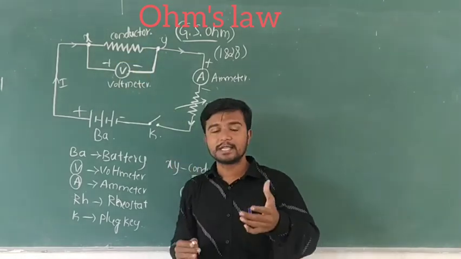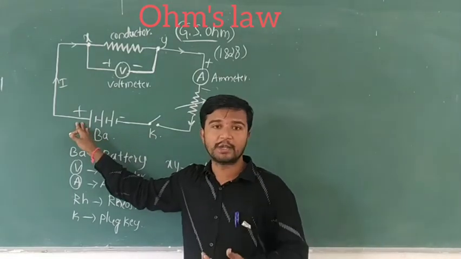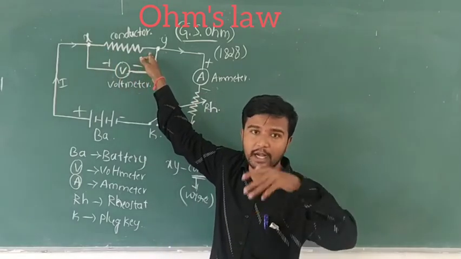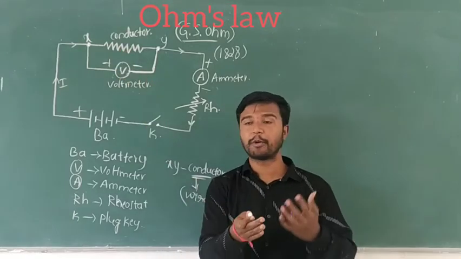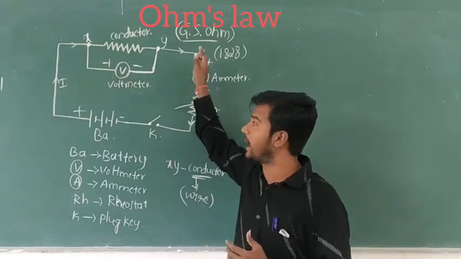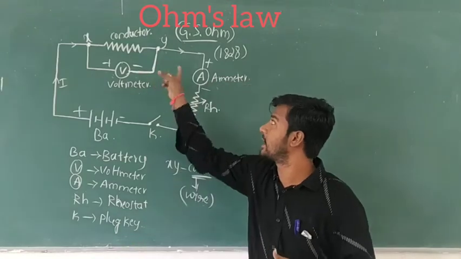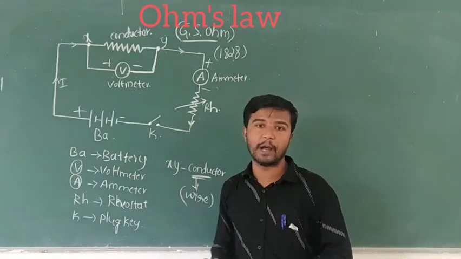So think of the current through the conductor: this current is directly proportional to the potential difference across the ends of the conductor. What does this indicate? This is Ohm's law.